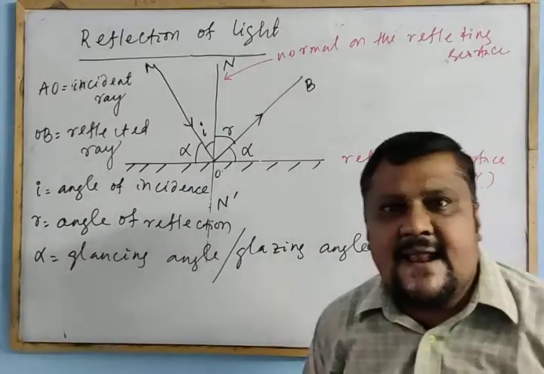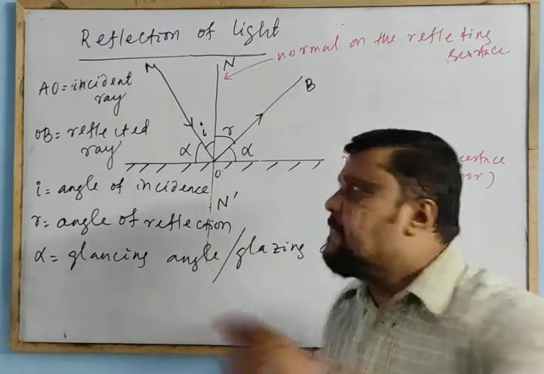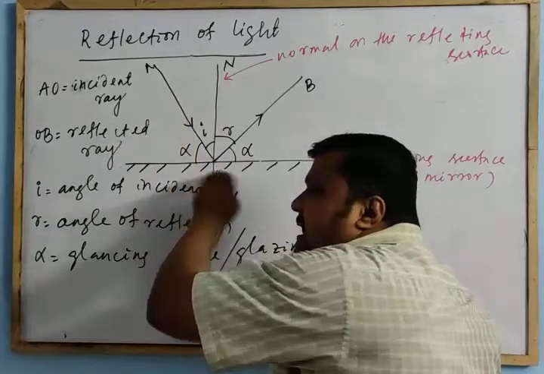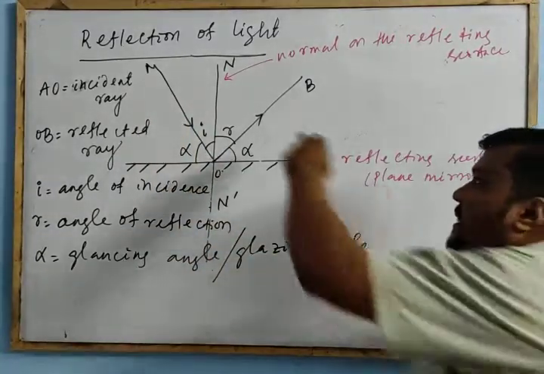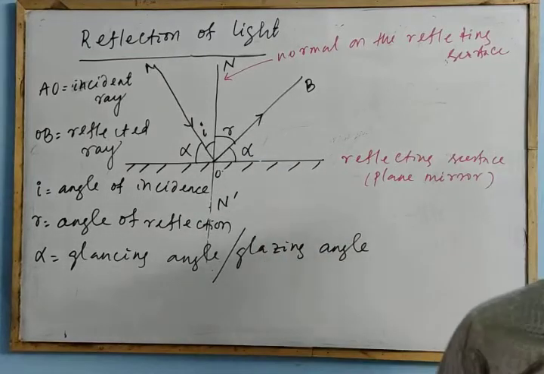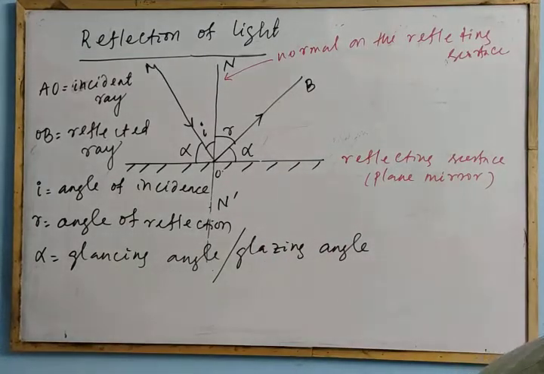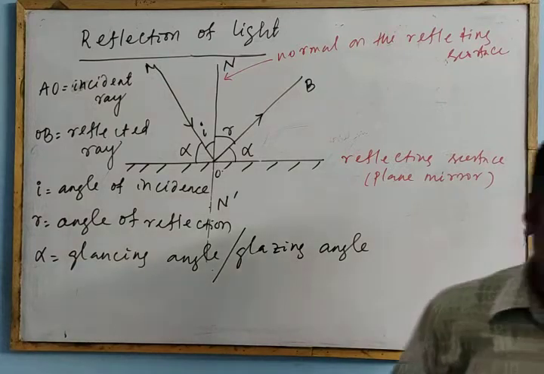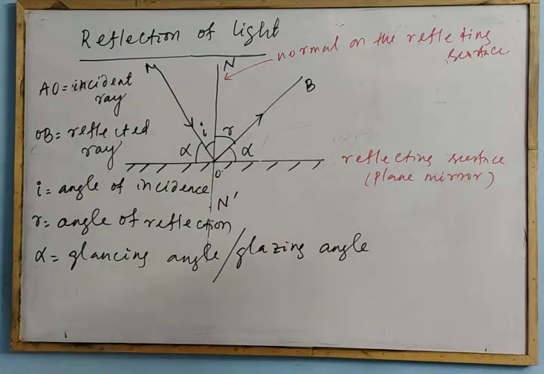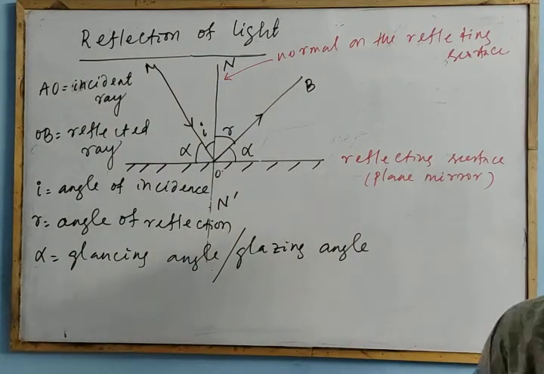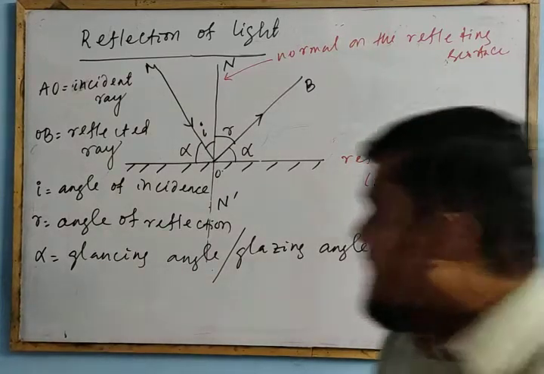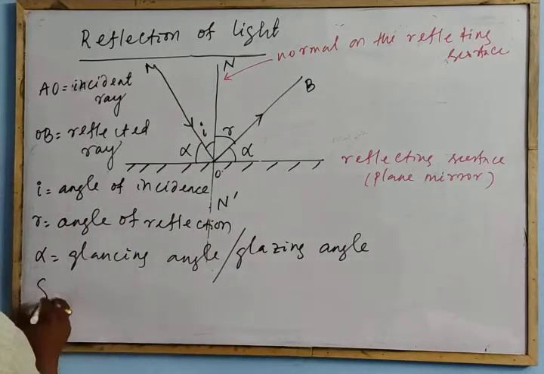What is that glancing angle? The angle between the incident ray and the reflecting surface, or the reflected ray and the reflecting surface, is called your glancing angle or glazing angle. Then the next is delta.